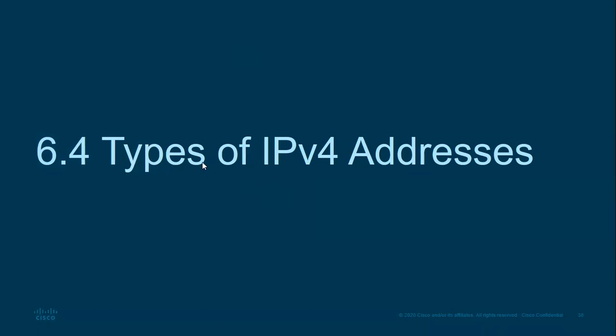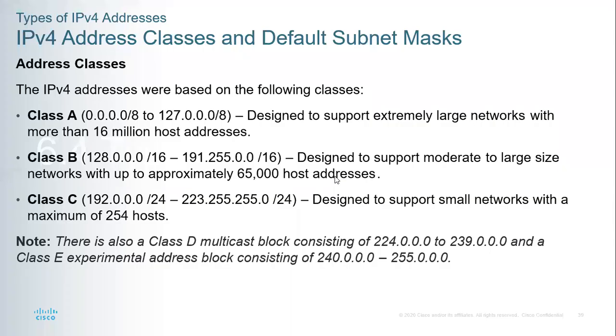So what are some of the types of IPv4 addresses that are there? We have address classes where we can divide the addresses into classes. Class A starts from 0 up to 127. Class B, 128 up to 191.